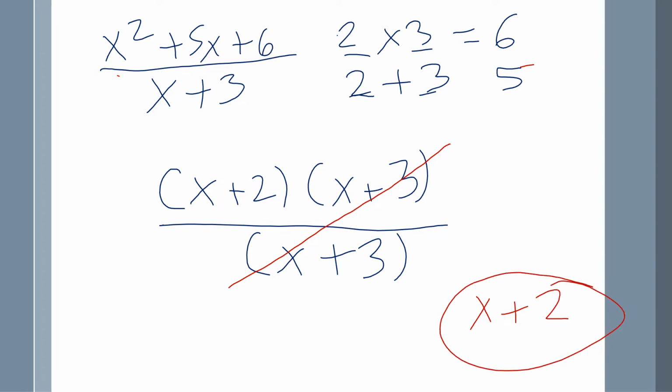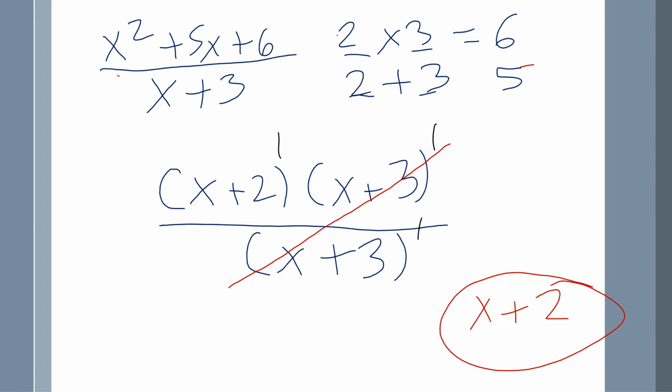Same answer as we got with the long division method, but let's ask a question. How were we able to cancel out the x plus 3? Well, remember, everything has an exponent of 1. So the x plus 3 in the parentheses has an exponent of 1, always. The x plus 2 has an exponent of 1 too.